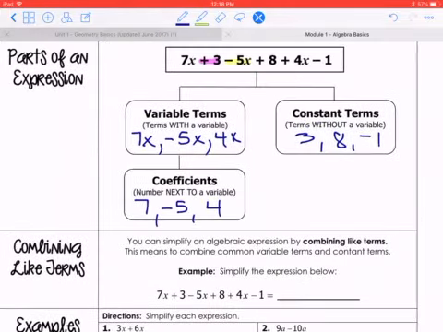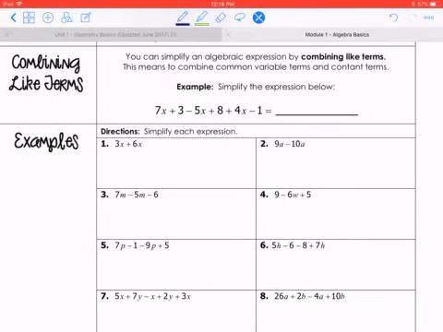It's very important that we know all this because variable terms all go together, and constant terms all go together. So when we are simplifying by combining like terms, that means variable terms go together and constant terms go together. If we simplify the expression I was working on, remember we had a 7x, a minus 5x, and a 4x.